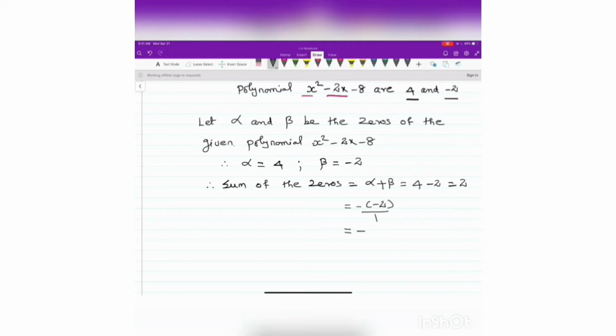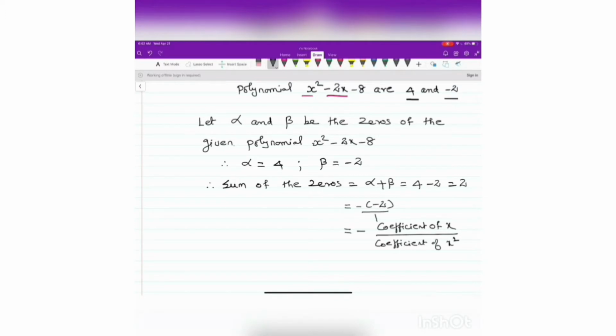So I can write this as minus coefficient of x by coefficient of x square. Already we learned this concept in yesterday's session.